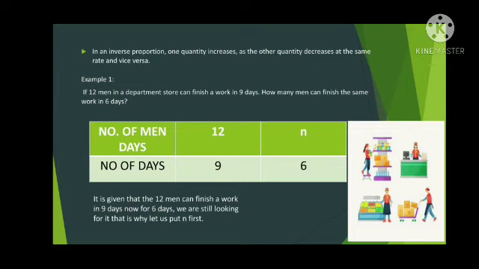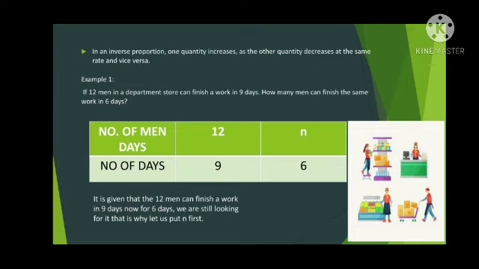In our second column, we have the number of men that is unknown in the problem. That is what we are solving for, is to 6 days. So the question here is how many men can finish the same work, since we assume that they have the same work, if they do their job in just 6 days.